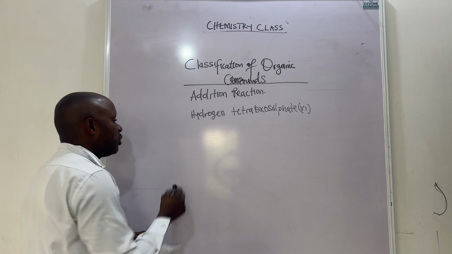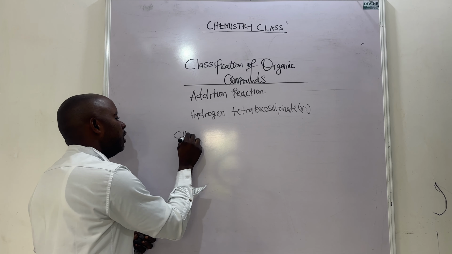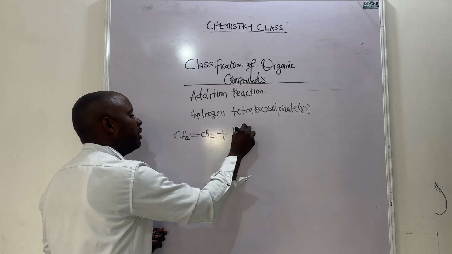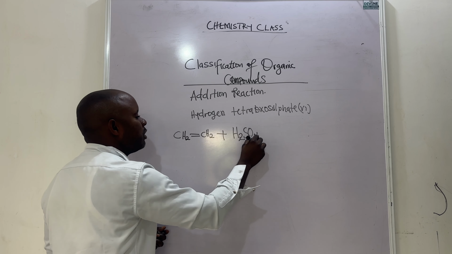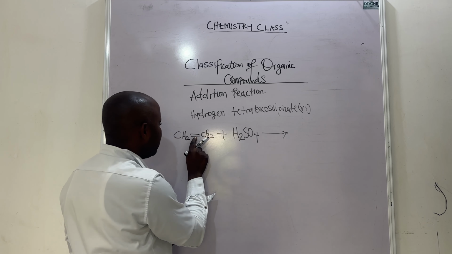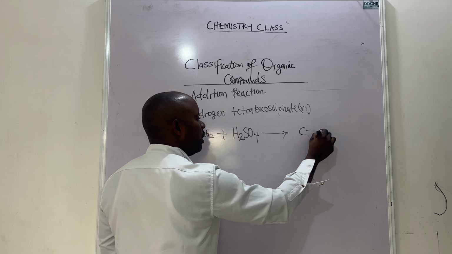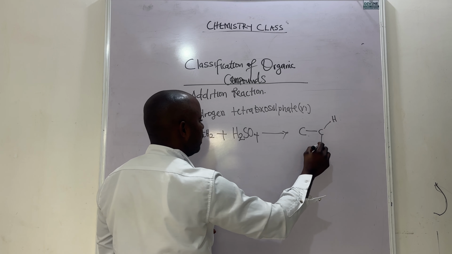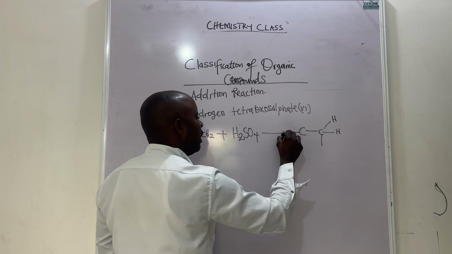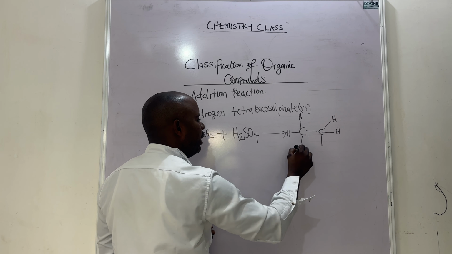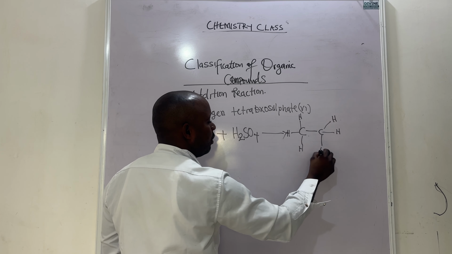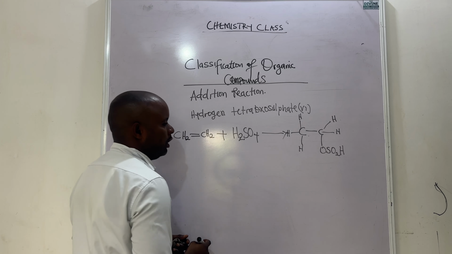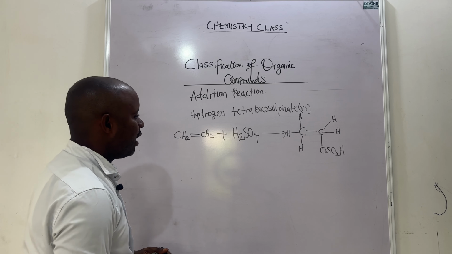So if we say C2H4 reacting with H2SO4, this double bond will be broken. We're going to have hydrogen here, hydrogen here, and we're going to have SO4H.